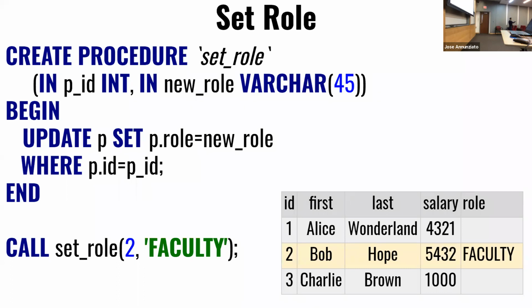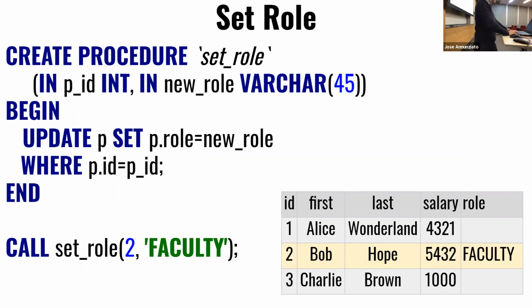That would be an OUT, and then c would be a plus b. We would use OUT for c. So a and b would be IN, and c would be an OUT. And then you would say c is equal to a plus b, and then from the outside, you can get the value of c.